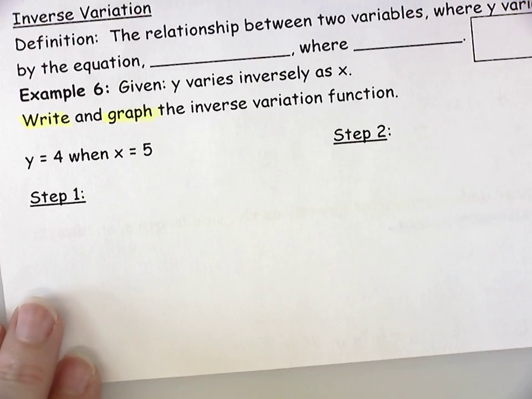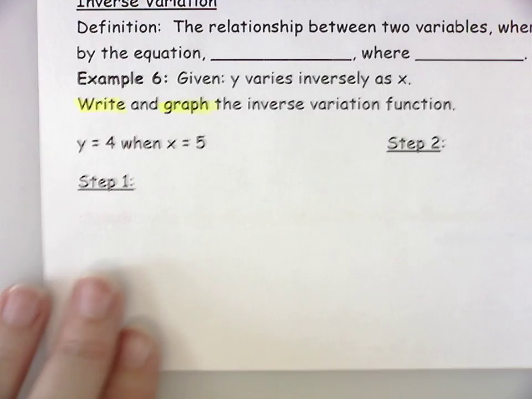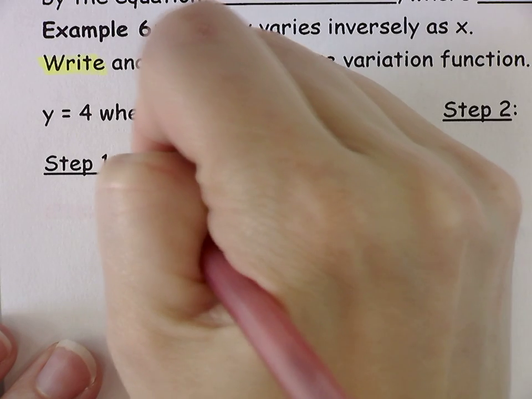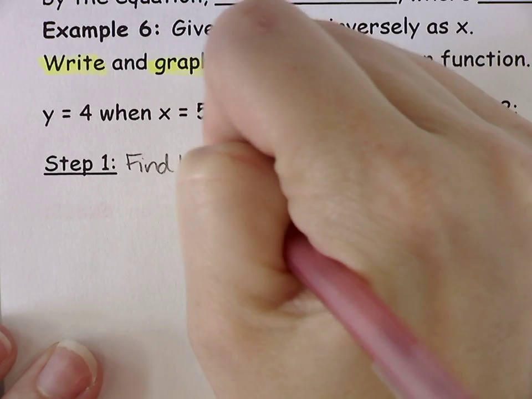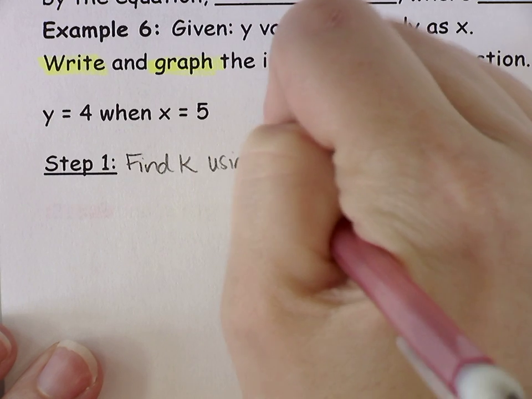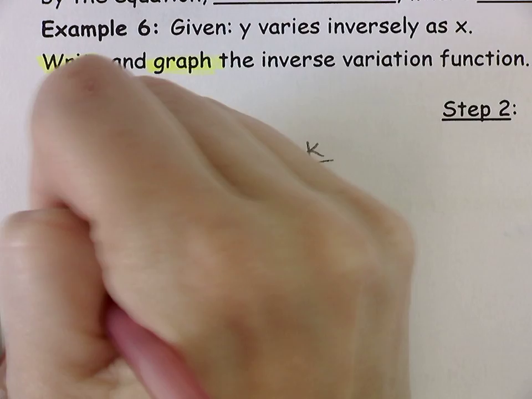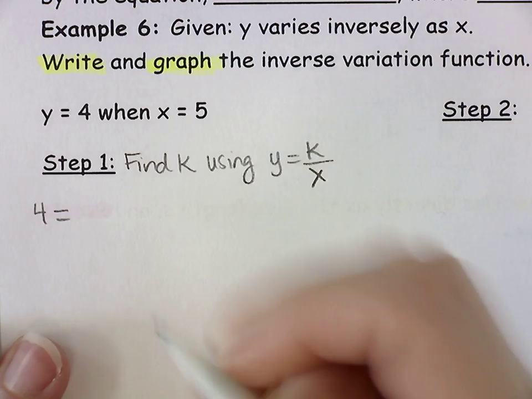So y equals 4 when x equals 5. For step 1, you're going to find k using y equals k over x, which should look a little familiar, because this kind of looks like what you did today in your warm-up.